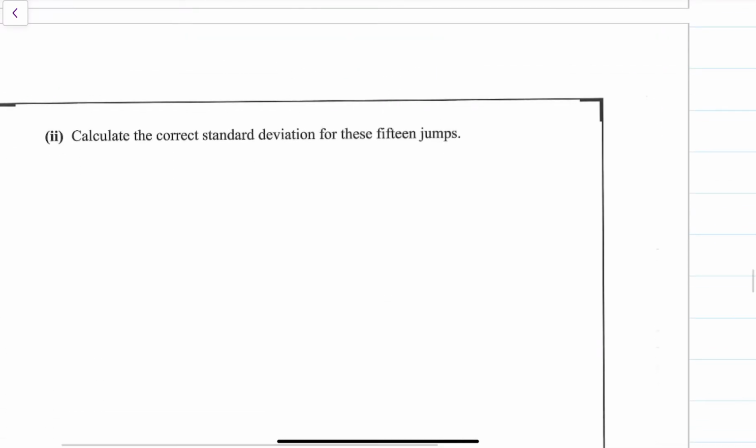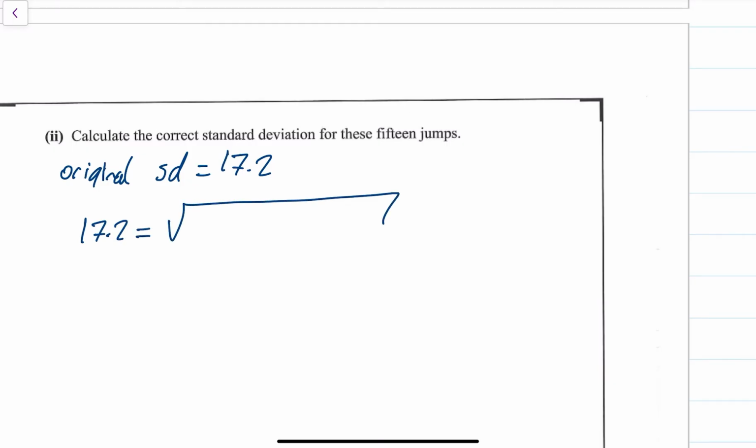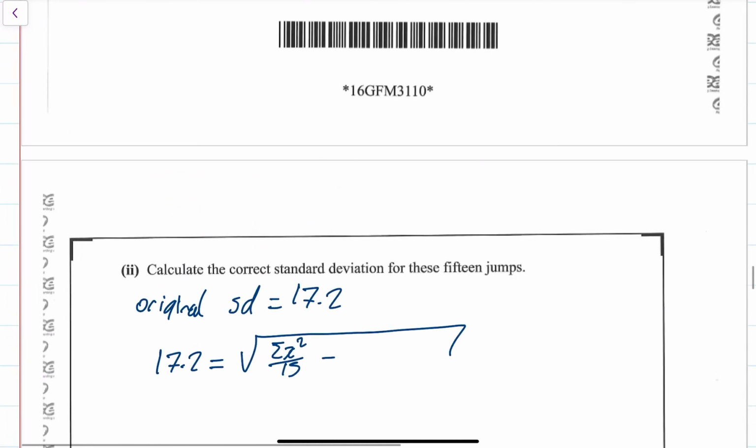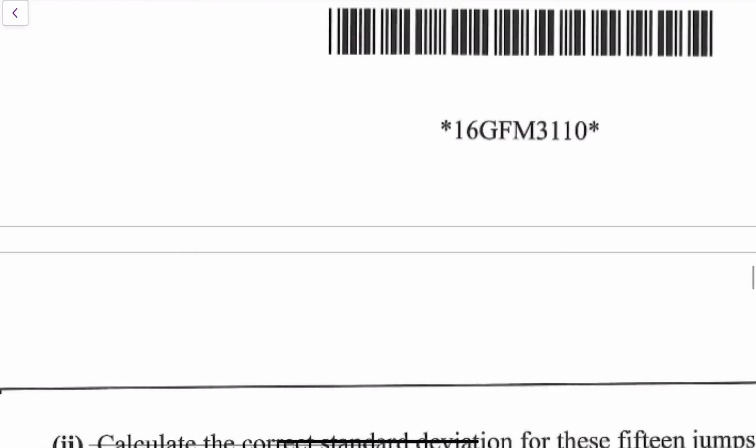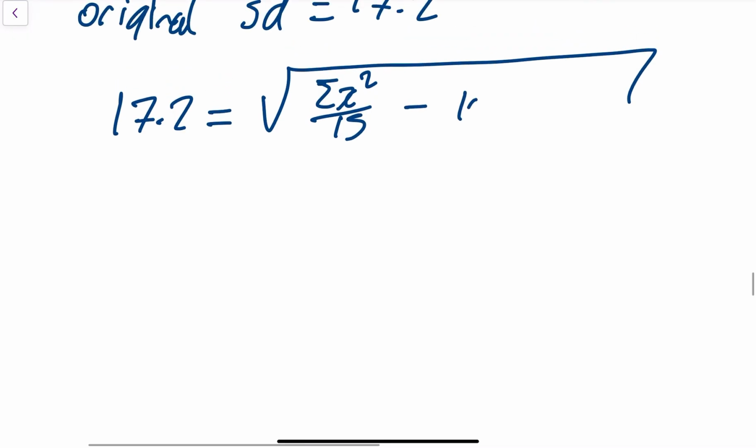The next part says, calculate the correct standard deviation. Now you're told in the question, the original SD was equal to 17.2. So 17.2 is equal to the square root of sigma x squared over 15 minus, and this is my original mean, which was 108.4, so minus the 108.4 squared.